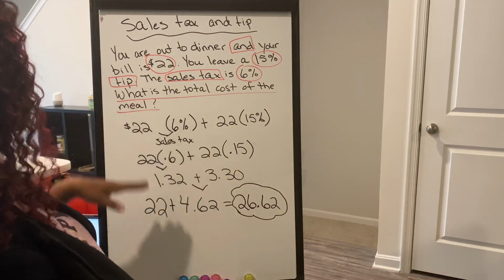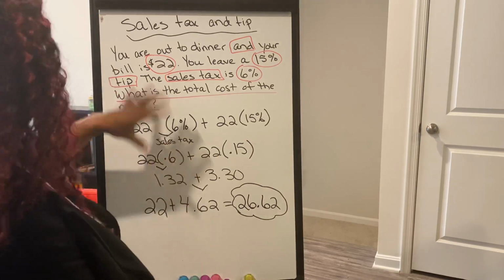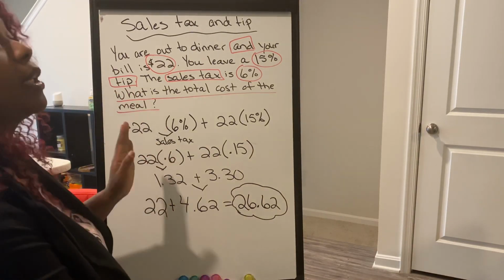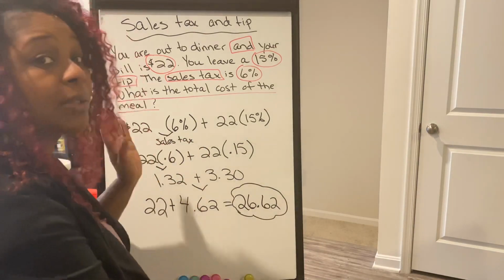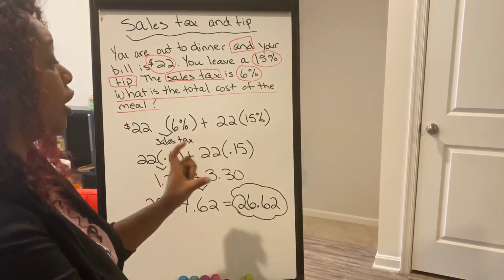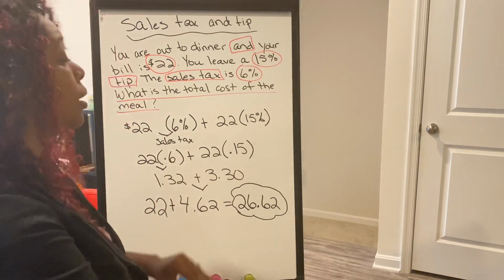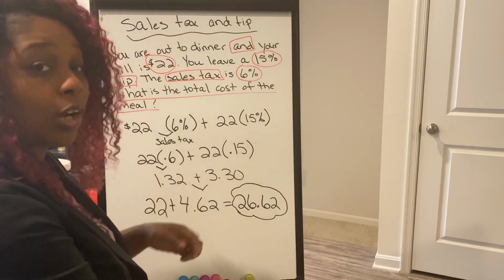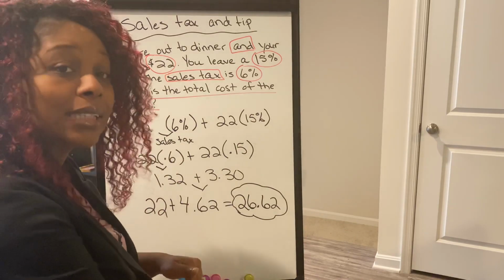So if you need to take a picture of this, you can take a picture of it. I'm only doing this one in this video. On the graphic organizer and notes that I'm giving you, there is an example in there for you to try on your own before you attempt the assignment. Please, please, please try this on your own first and then start the assignment.